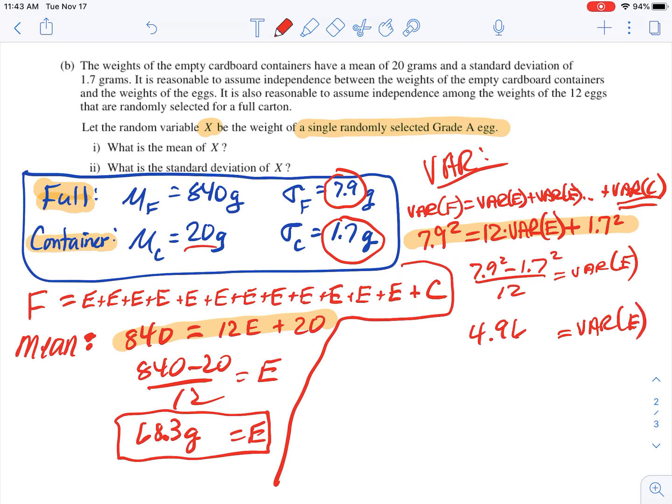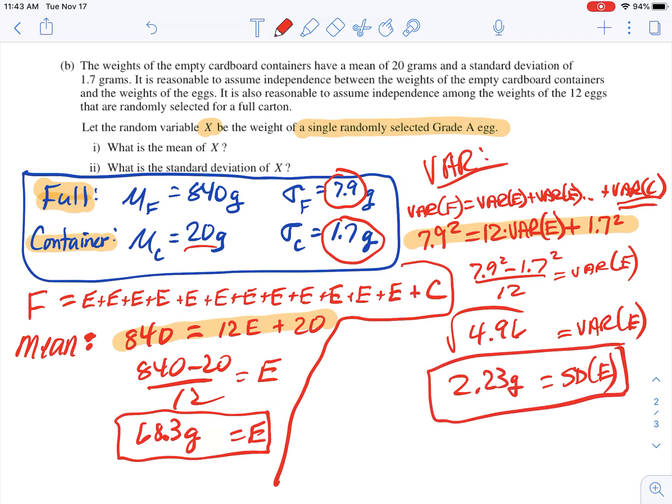But of course, that's variance, not standard deviation. So to get standard deviation, we have to take the square root of 4.96. When you do that, you get approximately 2.23 grams. So the standard deviation for an egg would be approximately 2.23 grams.